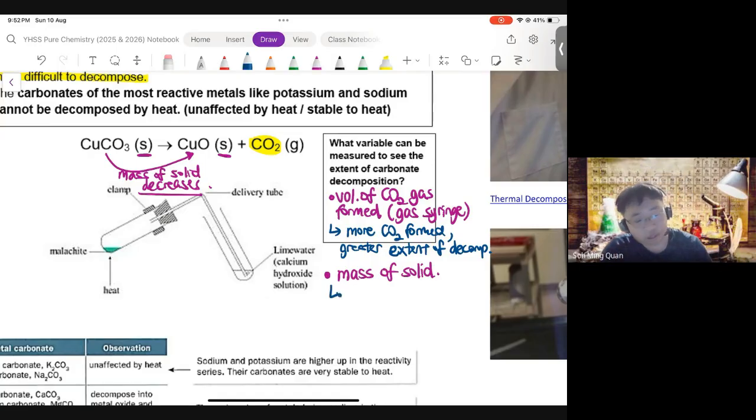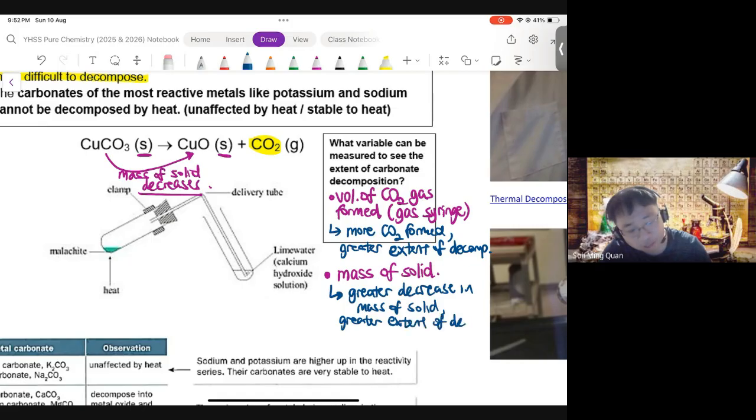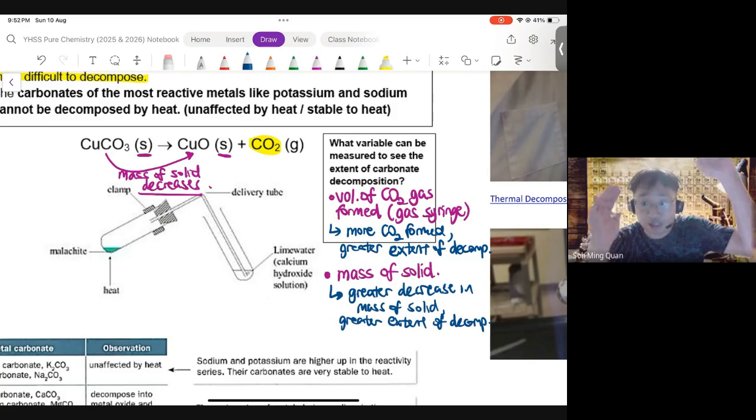So, if there is a greater decrease in the mass of the solid, again, we can deduce there is a greater extent of decomposition that has happened. Because if the solid's mass goes down, that means it's decomposing.